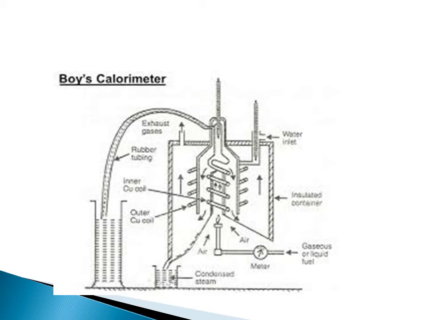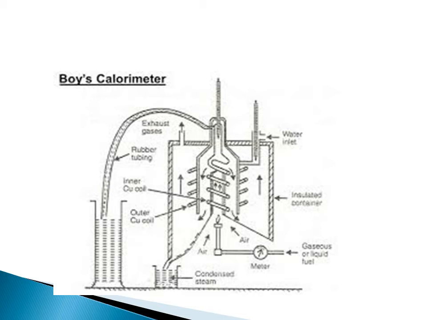From the inlet we circulate the water. There is a thermometer there, so we can get the initial temperature of the water. At the chimney there is the outlet of the water, and there also a thermometer is there, so we can get the rise in temperature and the final temperature. Whenever we burn the fuel, it generates heat, and that heat is absorbed by the circulating water, so there is a rise in temperature.